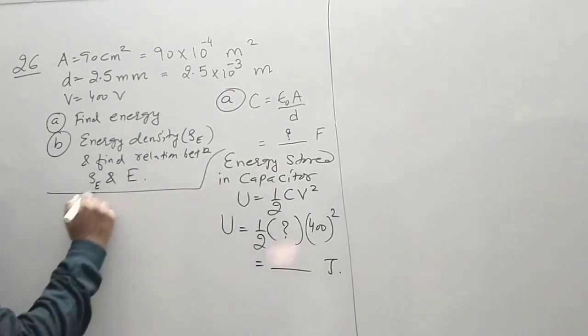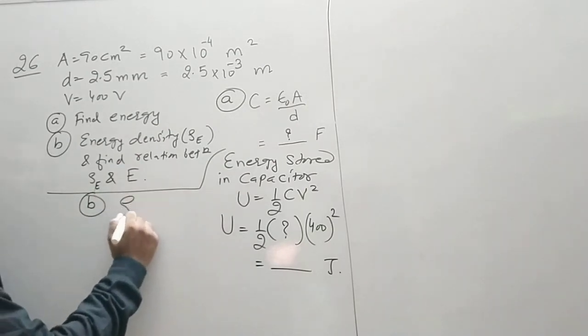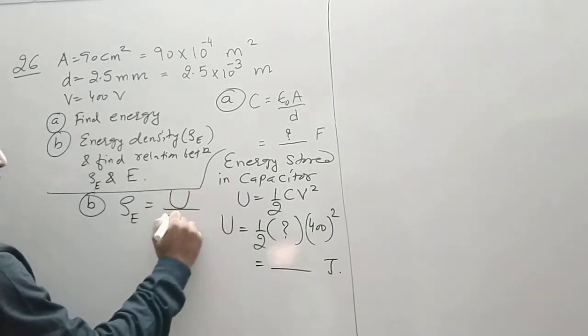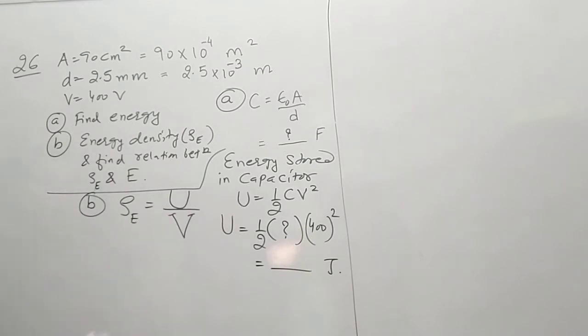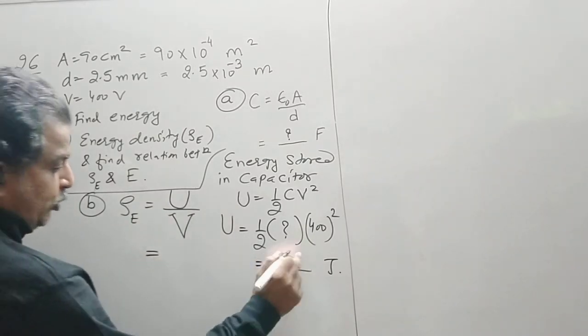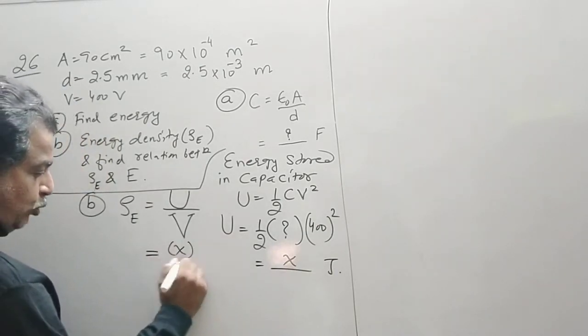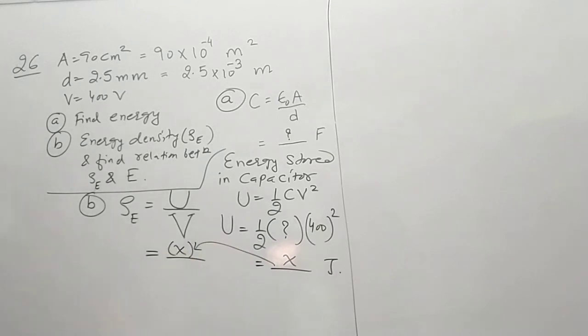Then you have to find out energy density. If you remember, the definition of energy density is total energy stored in a capacitor per unit volume. So total energy stored, this value, I put a cross here. Whatever answer you get, you substitute it here.